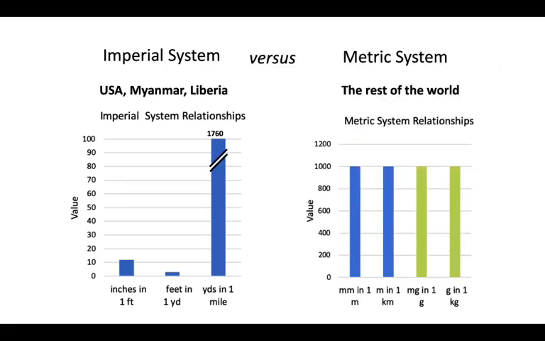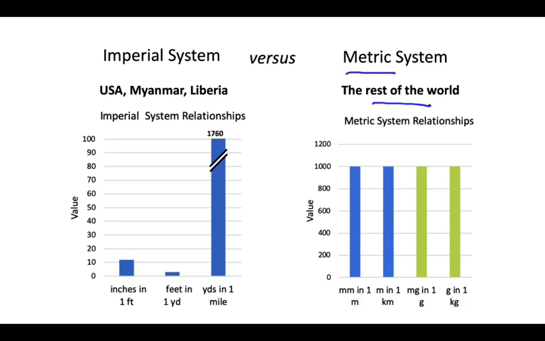Let's compare the imperial system to the metric system, which is used by the rest of the world. The metric system follows the base 10 numbering, which uses the pattern 1, 10, 100, 1,000. You only need to learn one set of numbers, and conversions are very straightforward in this system.